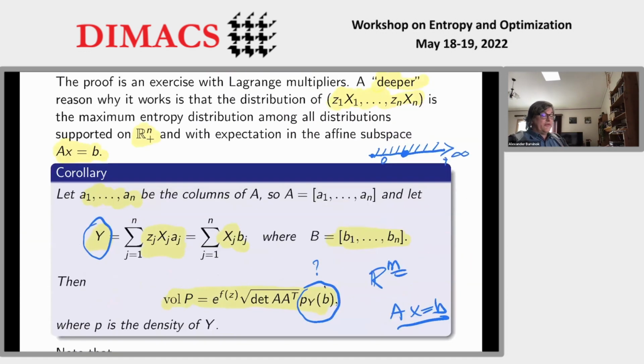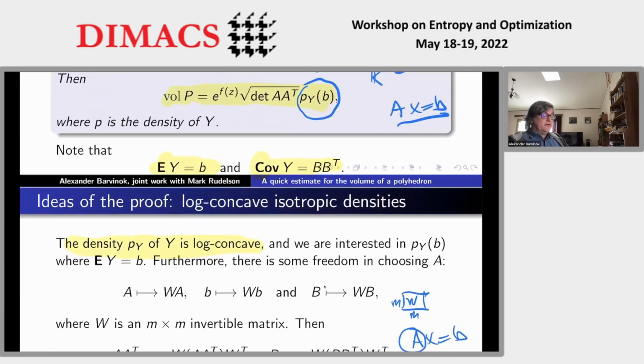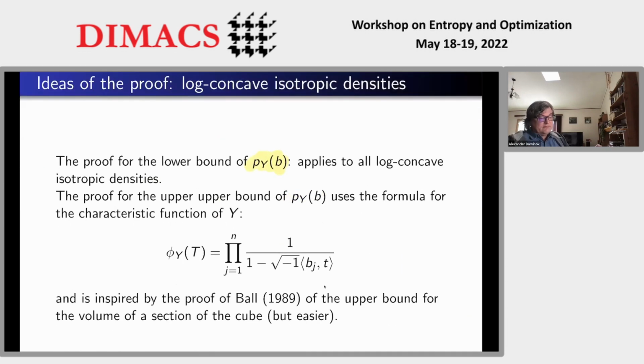So where is this volume? To get the lower bound, we only use that this is the density of the log concave isotropic random variable computed at its expectation. So we get an exponential lower bound, which is quite standard. The proof of the upper bound, yeah, apparently there is a typo here, it's really lowercase t.